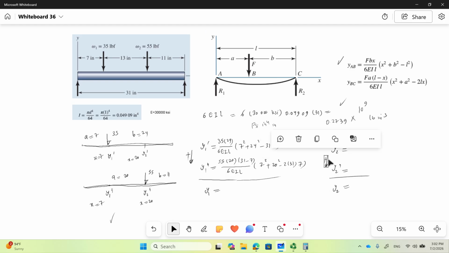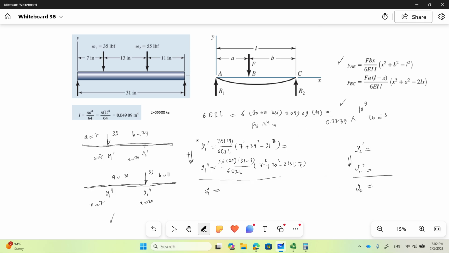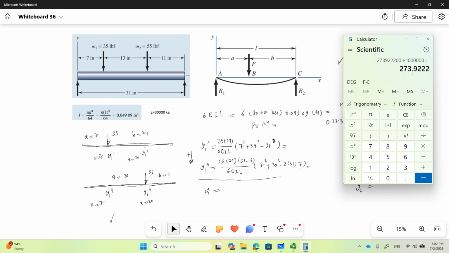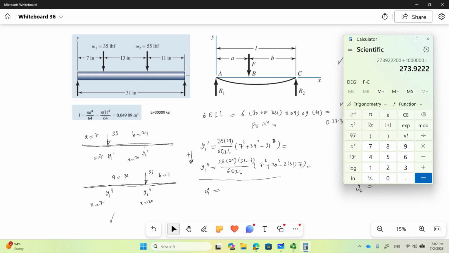Let's see, I need to move this further to the right. Okay, so let's calculate these two guys. I'm gonna need this number. Let's see if I can copy this fellow to ANSYS, I'm sorry, to Excel.